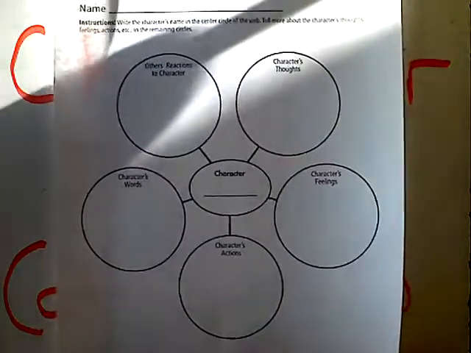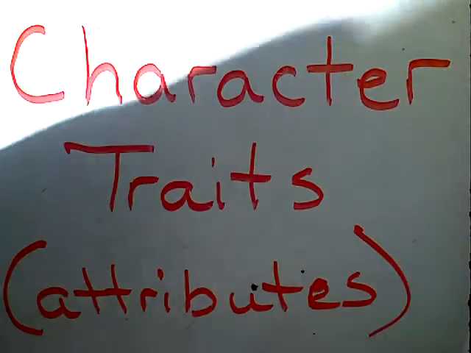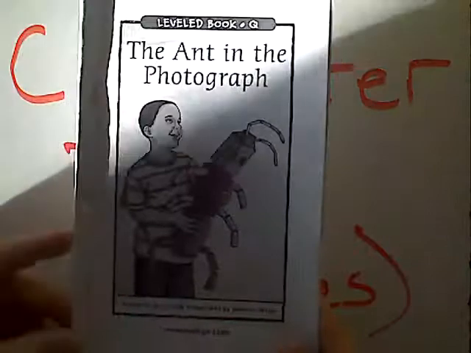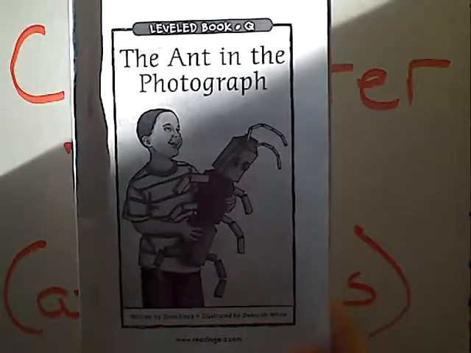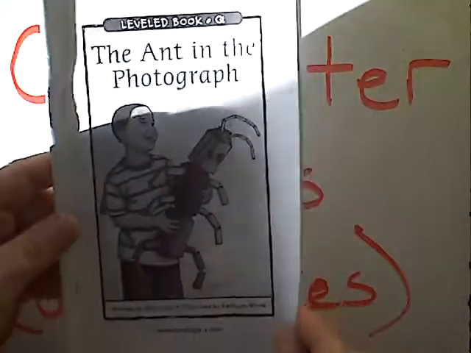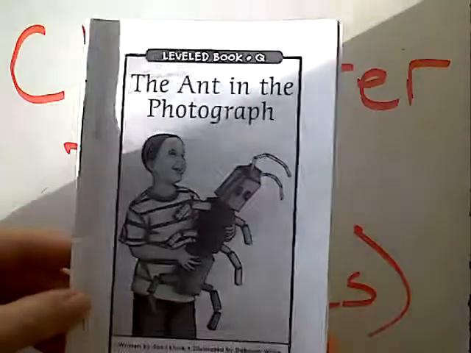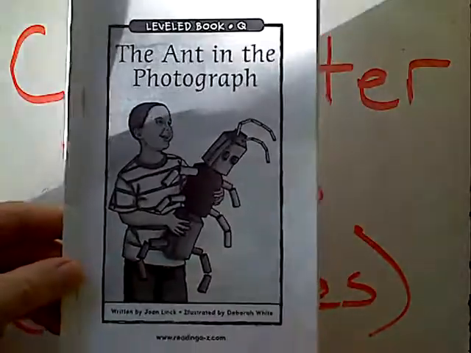Now, I'm going to look more closely at this tomorrow when I show you what we're going to do with it. For today, to get ready to talk about character traits or attributes, you should have a booklet called The Ant in the Photograph. There is going to be one main character whose name is Duran, and you can use Duran as the character, or you could use somebody else as the character.